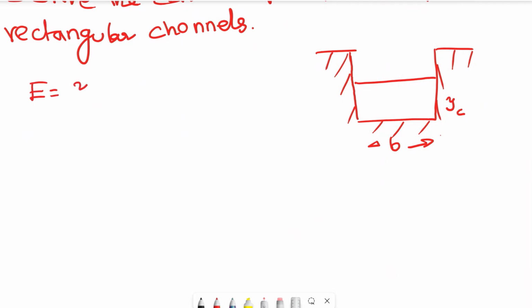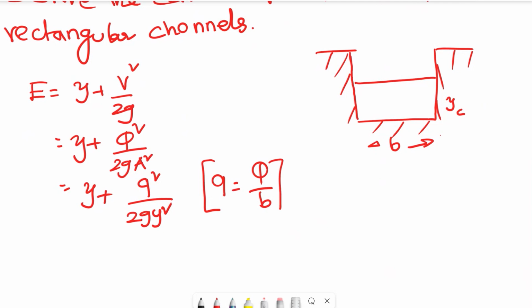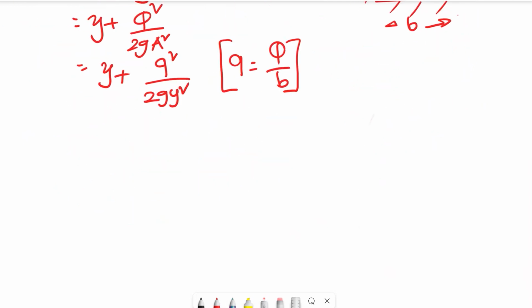E is equal to y plus v squared by 2g. That also can be written as y plus Q squared by 2g A squared. This also can be written as y plus small q squared by 2g y squared. How can you write it like that? Small q is nothing but Q by B, the discharge per unit width.